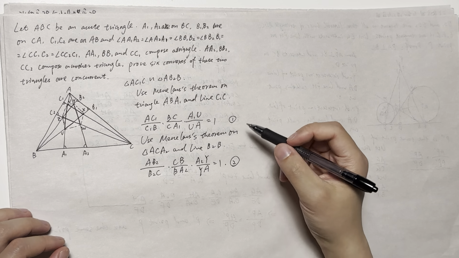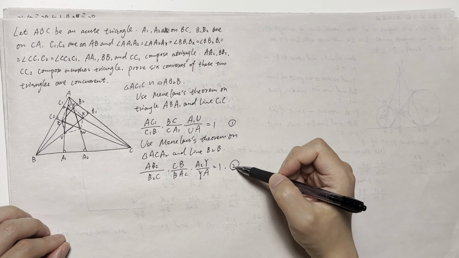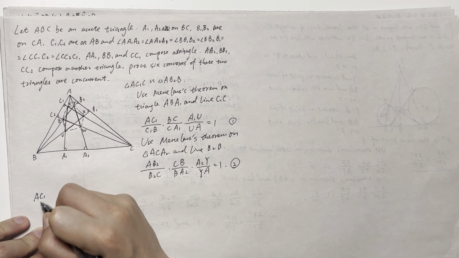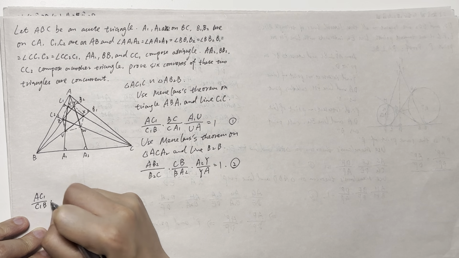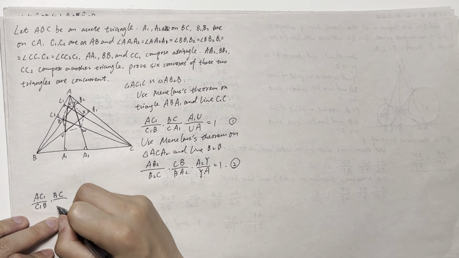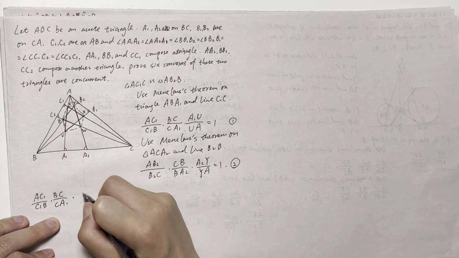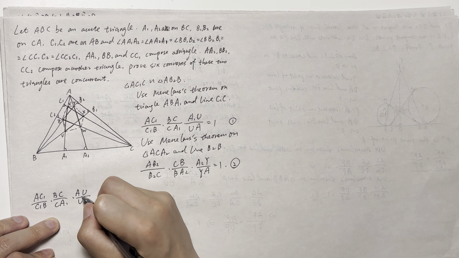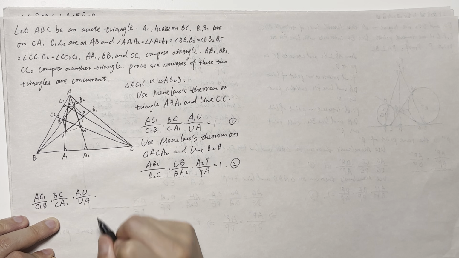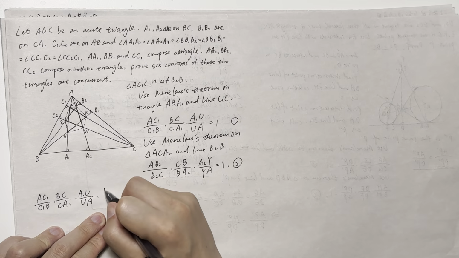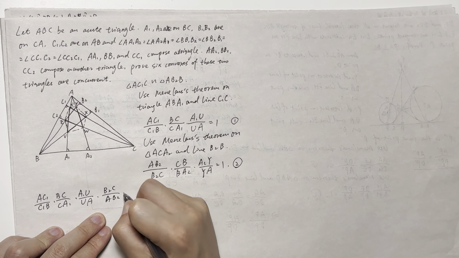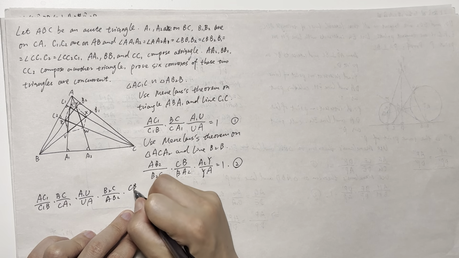So we take the first equation divided by the second equation. That means we have AC1 divided by C1B times BC divided by CA1 times AU divided by A1U divided by UA times B2C divided by AB2 times CB.